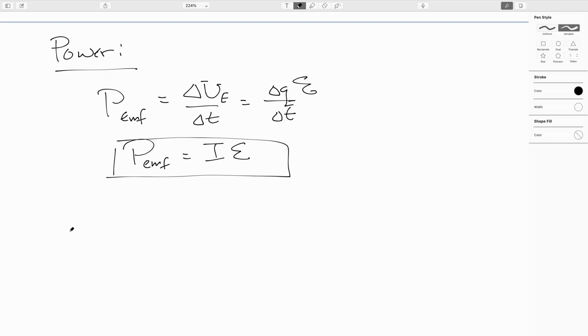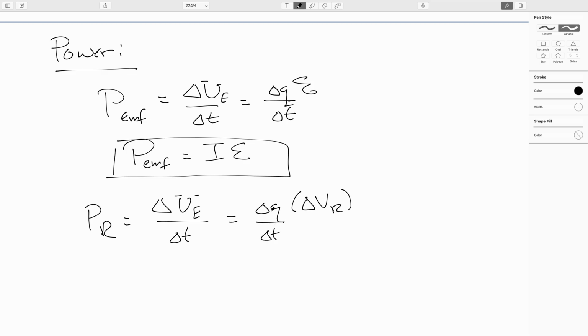Now, what about the power dissipated by a resistive device? We'll call that P sub R. Well, again, it's the same deal. It'll be the time rate of change of the electric potential energy. So this will be in that amount of time, so amount of charge delta Q would have gone through a potential difference delta V_R. This is over delta T. Again, that's the current.